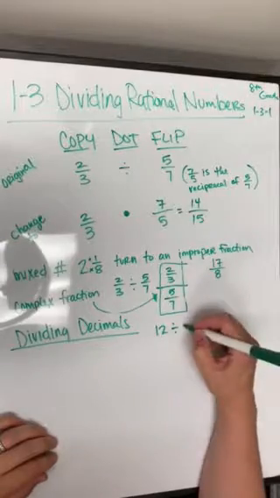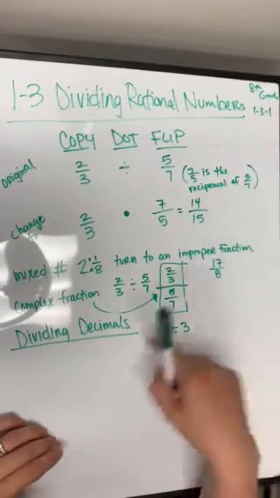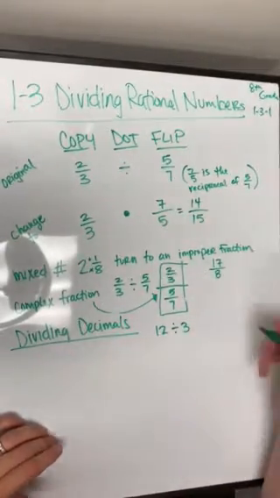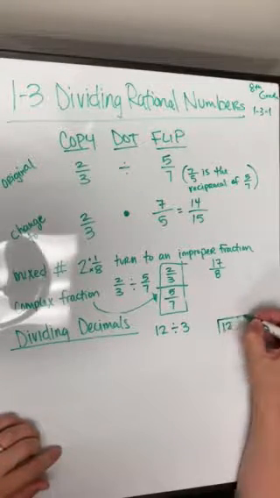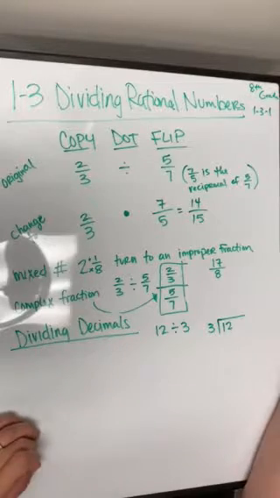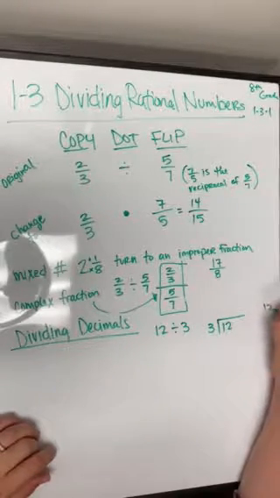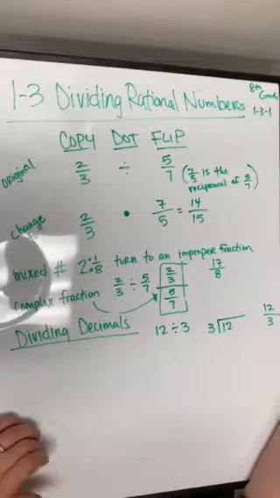So if I say 12 divided by 3, what this actually looks like in that old school long division is saying 12 divided by 3. If it was a fraction, it would be 12 over 3, right?